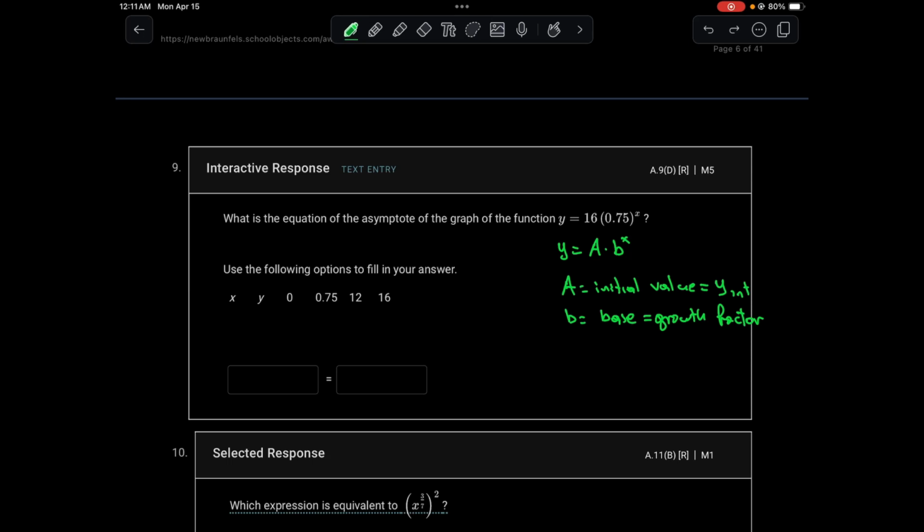So you multiply, you don't add a constant number. If you add or subtract a fixed number, that's going to be a line. If you multiply by a fixed number, that's going to be exponential. Now what is it asking for? What's the equation of the asymptote? That's the asymptote of the exponential.